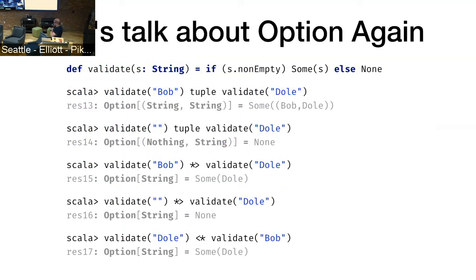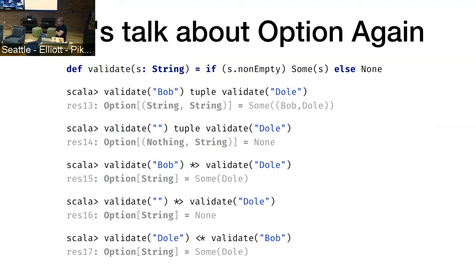If one of them is empty, then the whole thing is none. Okay, so the effect is being composed even though the values are not. The same way we can validate Bob and forget about the answer and validate Dole, and we'll get Some Dole back. We can do the same thing with an empty string, and we'll get none back.